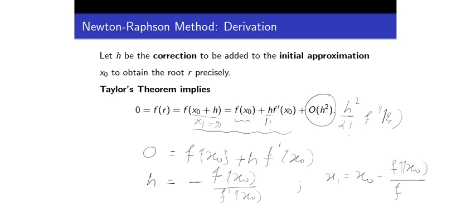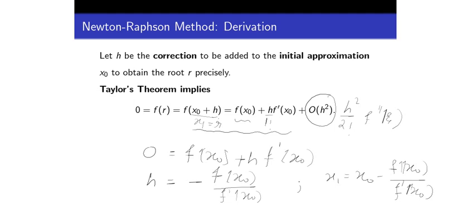Then suppose you make another correction to x1, so that x1 plus h becomes r. You will get a new approximation, where h is minus f of x1 divided by f dash of x1, and so on.